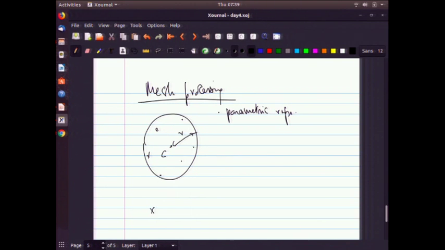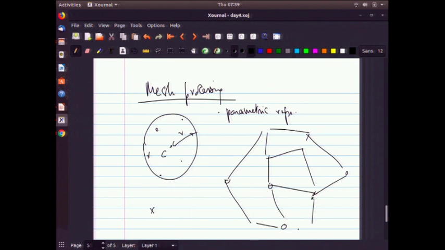Obviously, if you only have a few points, you will end up with some mesh like that. And sometimes you may not even identify that this is actually a sphere. But topologically, because of the way you sampled and connected it, you can make sure that it is like a sphere.